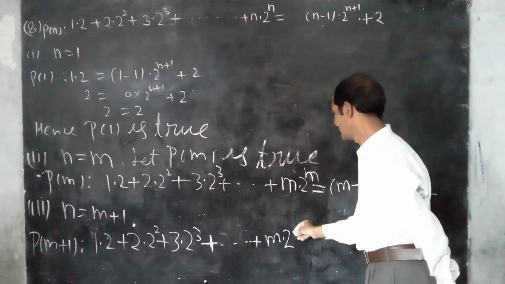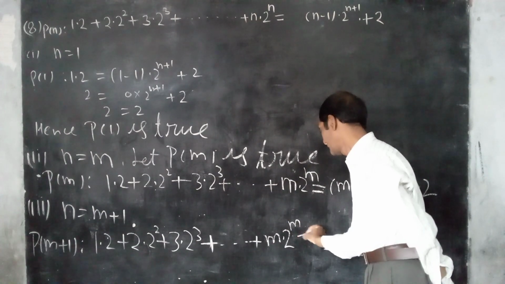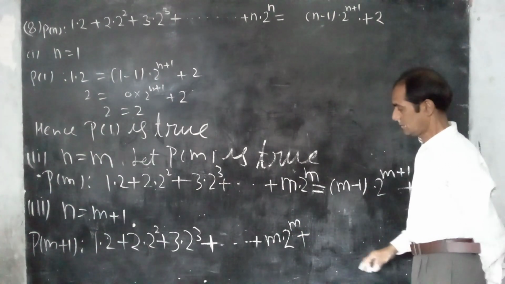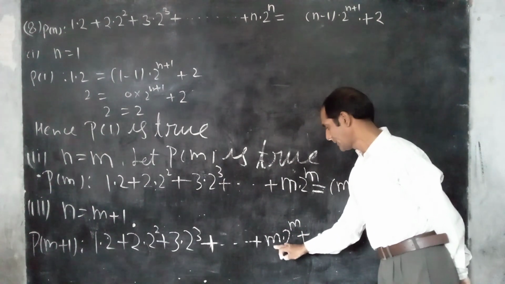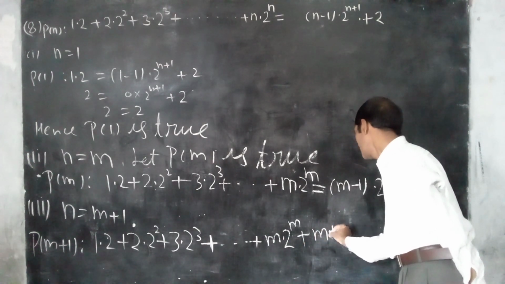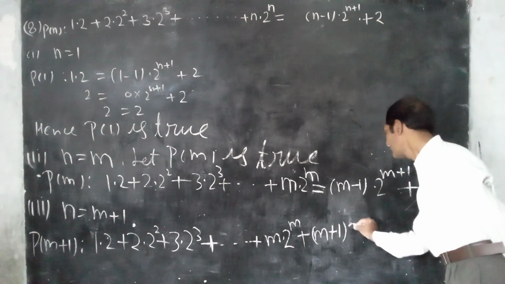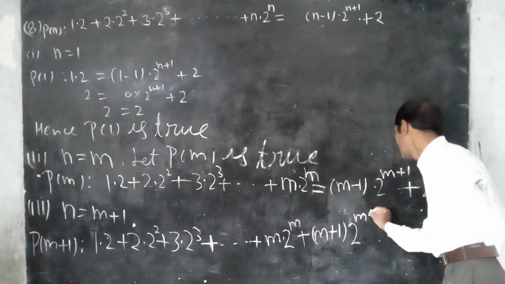The mth term is m into 2 raised to power m. This is your mth term. After the mth term, the next term will be the m plus 1 term. The m plus 1 term is (m plus 1) into 2 raised to power m plus 1.